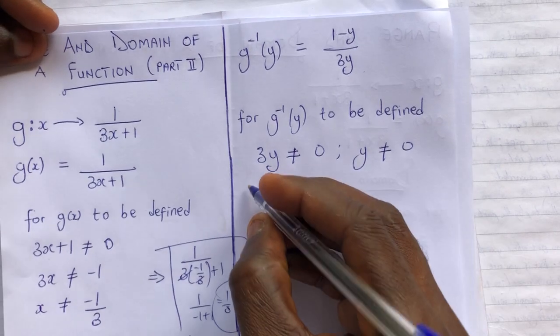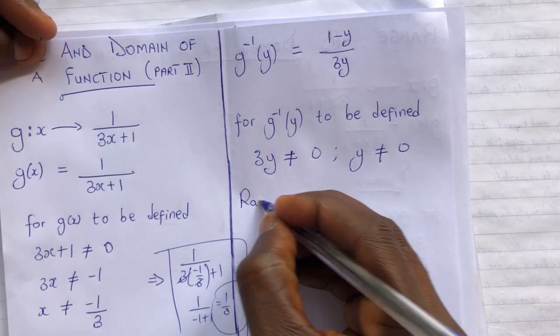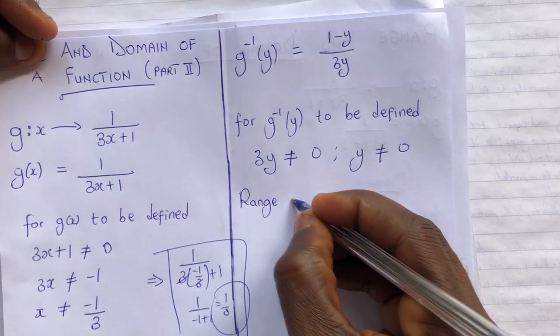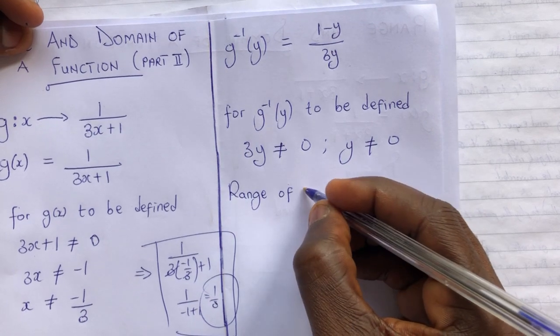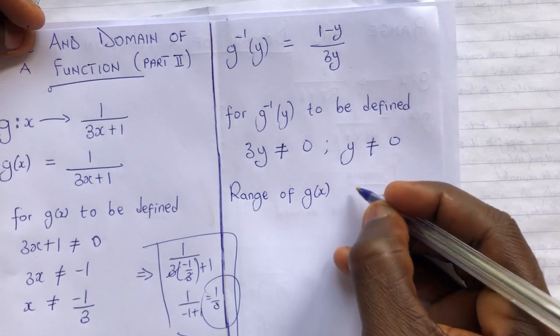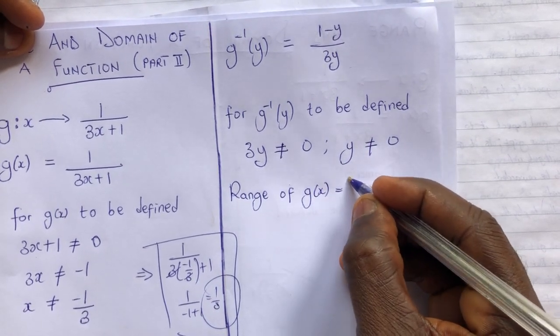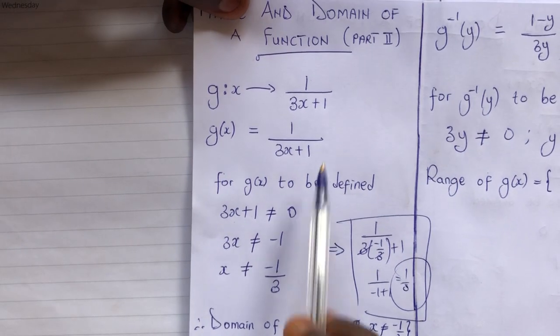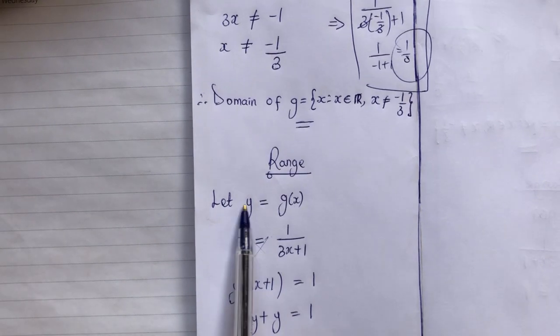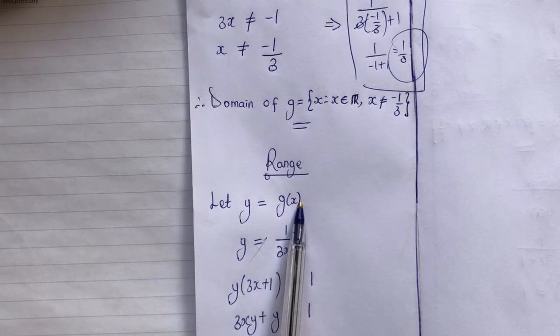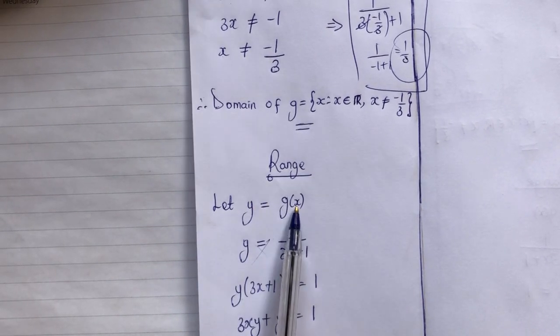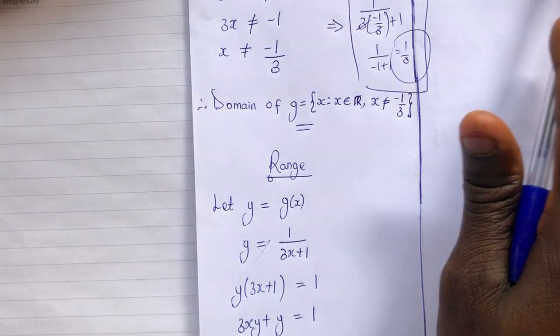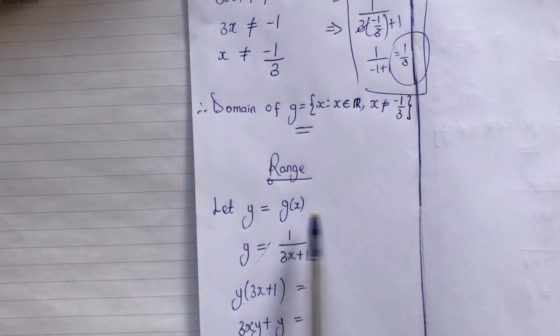So we just write the range. The final answer is range of g of x equals, now at the beginning we said that let y be equal to g of x, so I'm bringing it back. y must not be equal to 0, so g of x must not be equal to 0.